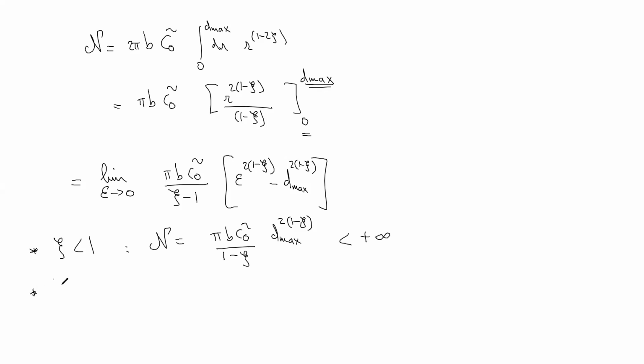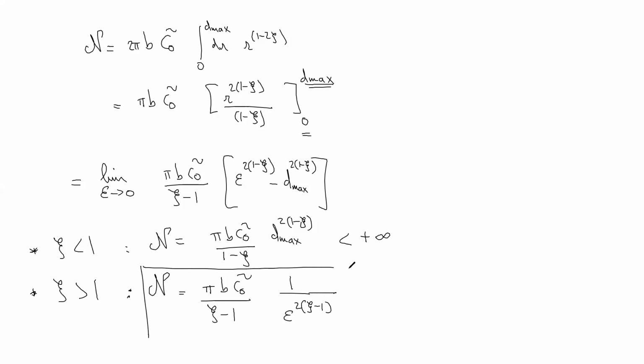However, if xi is bigger than 1, then this number is mostly, let me take the equivalent, dominated by that behavior. We neglect the constant part, so it's dominated by that behavior. So it's pi b c naught tilde xi minus 1, and then you are left with 1 over epsilon to the power 2 xi minus 1. That's the dominant behavior as epsilon goes to 0.